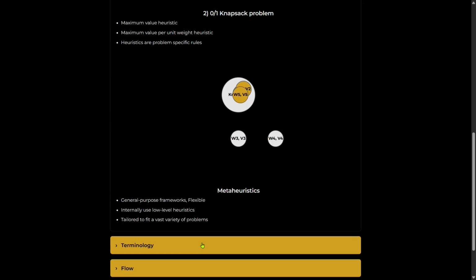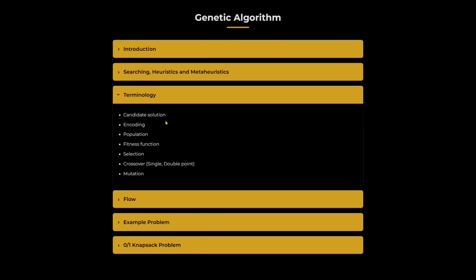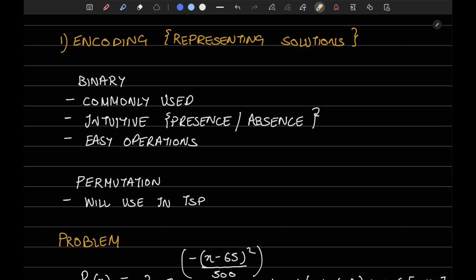Now let's take a quick look at the terminology associated with genetic algorithm. When tailoring genetic algorithm to our problem, one of the most important steps is deciding how to represent the solutions. That's because we can only begin the search once the algorithm knows what a solution actually looks like, and that's what encoding is. It is how we represent a solution in a form that the algorithm can work with.